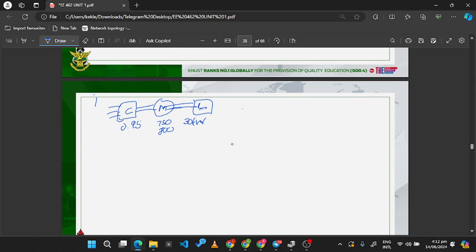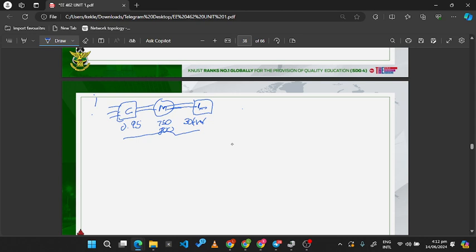So if we want the efficiency of the entire system, we have the output power. We could get the total input power and then divide. So let's get the power input to the motor, so we can calculate the efficiency of the motor.